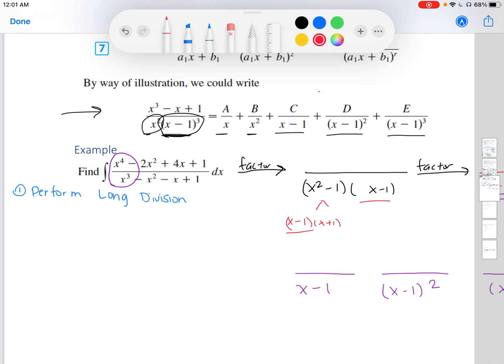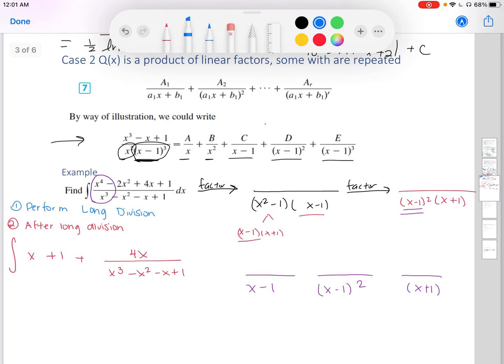All right, after long division, we're left with the integration of x plus 1 plus 4x divided by x cubed minus x squared minus x plus 1. Now we see here that partial fractions is still going to have to be used with our remainder, but we know what our setup should be.